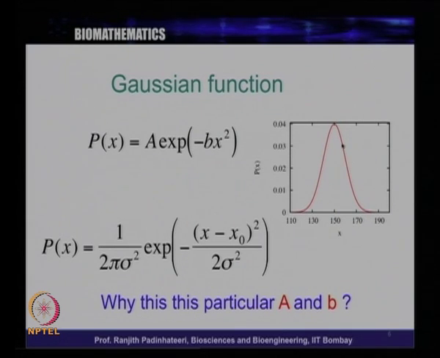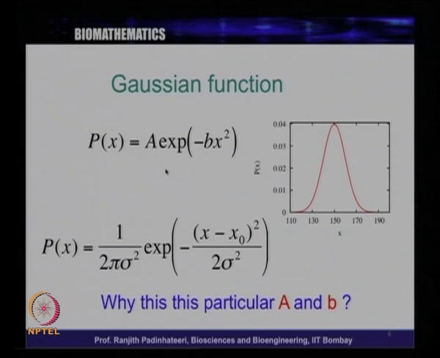There are just two parameters that describe this normal distribution. We will discuss that, but just by plotting this function you will get this Gaussian, this particular bell shape. You can take numbers, take values for a and b, and for different values of x you can plot it and you will get this.